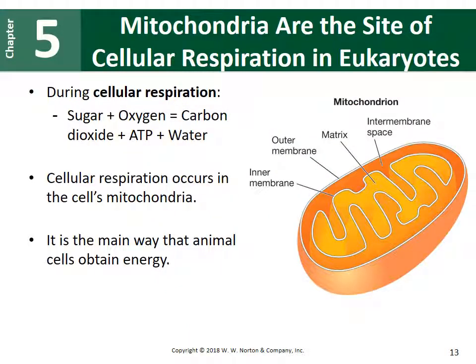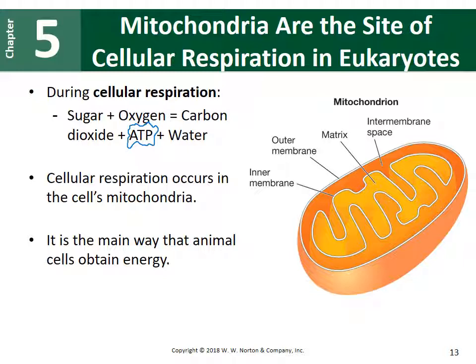So our second big metabolic pathway is cellular respiration. This occurs in the organelle called the mitochondria. During cellular respiration, we take that sugar, that food, and oxygen, and out of it we produce carbon dioxide, a lot of ATP, which is the main goal of this, and water is also produced.